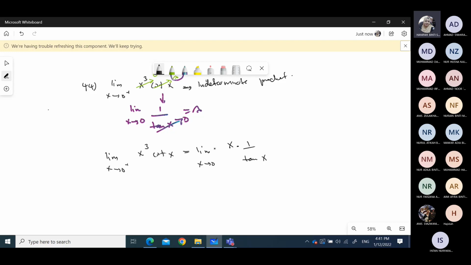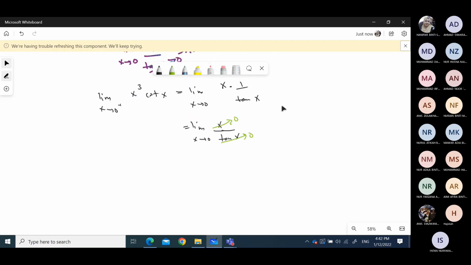Okay, and then you combine, then we will have limit x approaches 0 for x over tangent of x. Okay, so now limit x approaches 0 for x, we have 0. So limit x approaches 0 for tangent x, we have 0 also. So this one we need to apply L'Hopital's rule. Okay, so apply L'Hopital's rule.